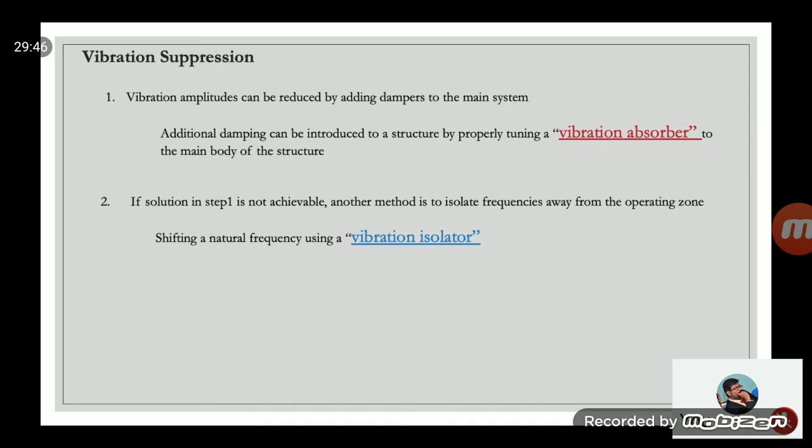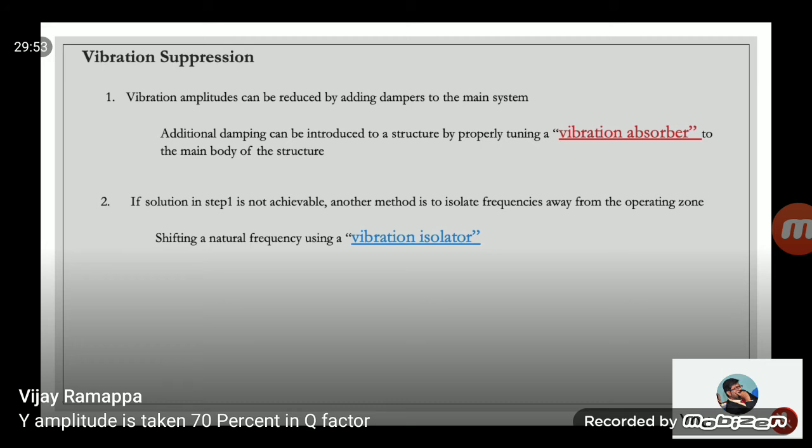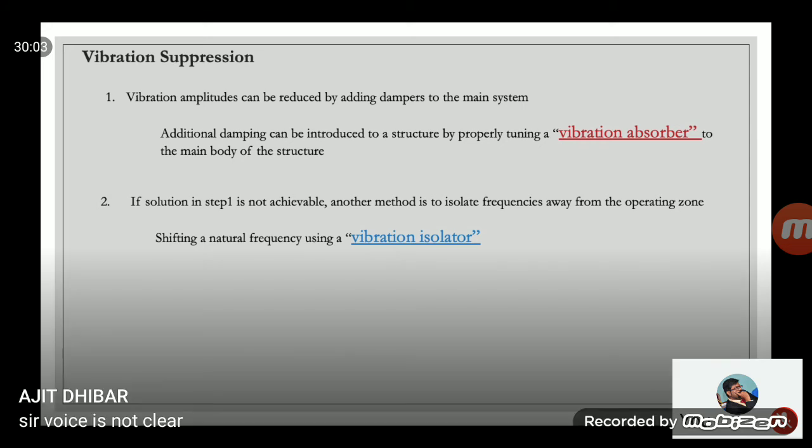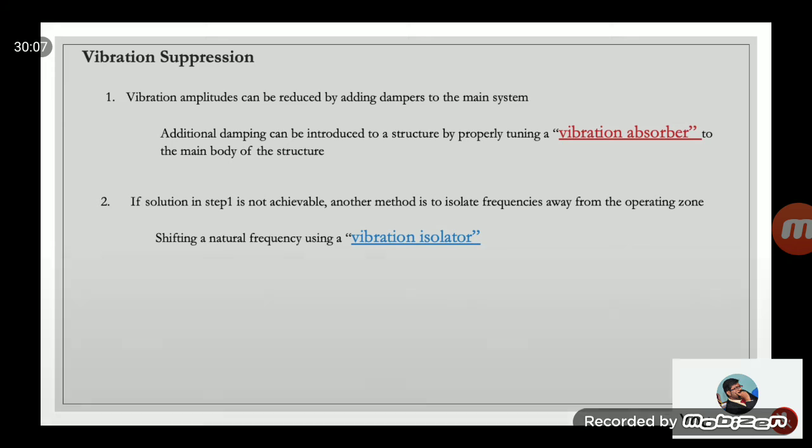Now let us see how we can suppress vibration using a damper. You can add a damper and reduce the vibration, which is basically a vibration absorber. That's called a vibration absorber. It reduces the amplitude, and sometimes you may not be able to absorb or reduce the vibration using the damper.